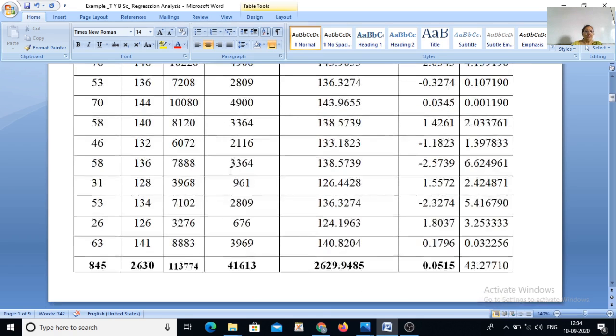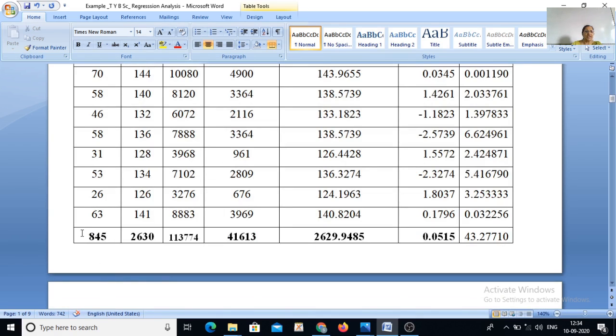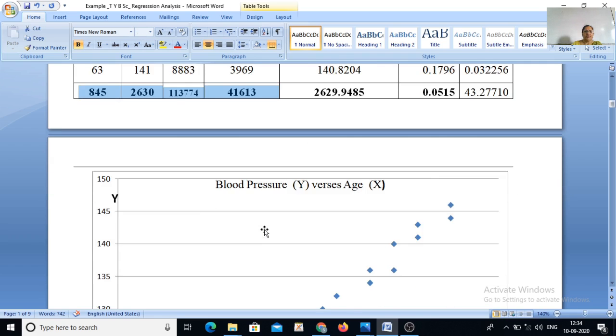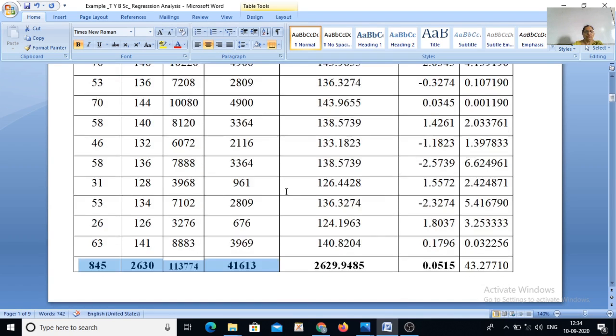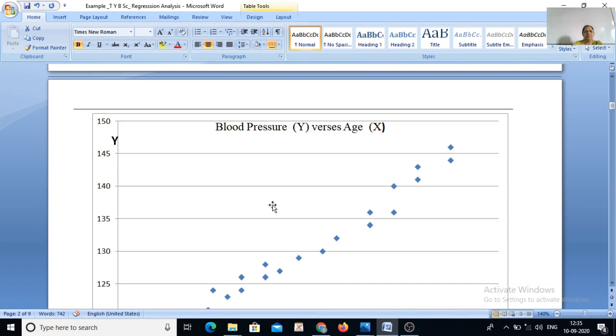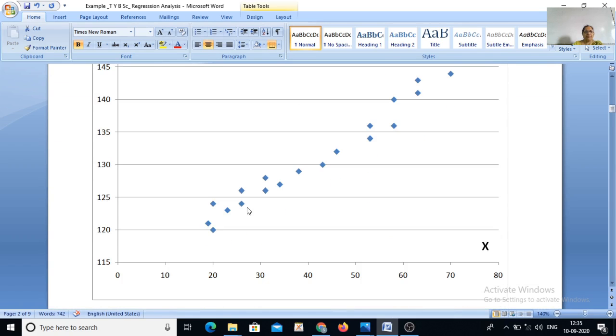Okay, similarly I need summation of xi and summation of yi, summation of x into y, summation of x square.